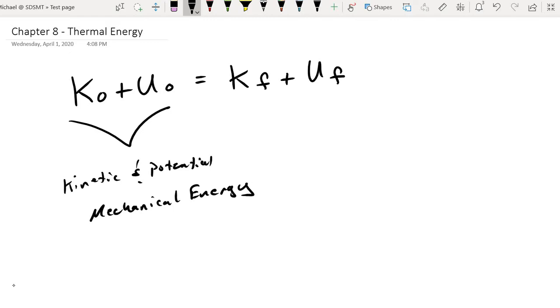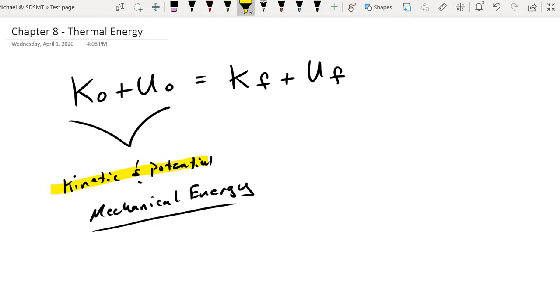Now, this is not going to change anything that we've had in any of the previous equations or discussions, but it's worth mentioning that this combination of kinetic and potential energy, these are the good kinds of energies that we can make use of.